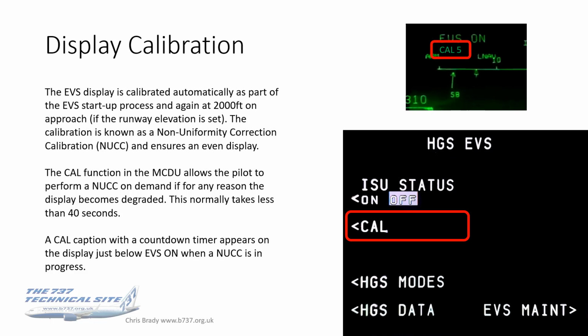When that's in progress, you get a cal capture with a countdown timer below where it says EVS up there on the HUD. Even though it's a 40-second process, or less than 40 seconds, the countdown timer only counts down from 5 to 1. I'm sure there's logic there somewhere, but it beats me.